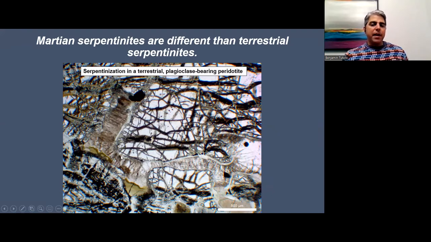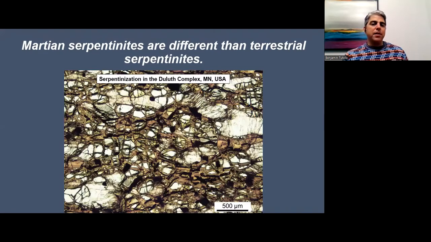If we then compare that to a similarly serpentinized troctolite rock from the Duluth complex of Minnesota, USA, we can immediately see the strikingly different composition of those serpentine minerals. The serpentine minerals in this Duluth complex example are all brownish in color because they contain so much more iron than their terrestrial counterpart. That becomes very important for the hydrogen fluxes during this reaction, and we can walk through that step by step.